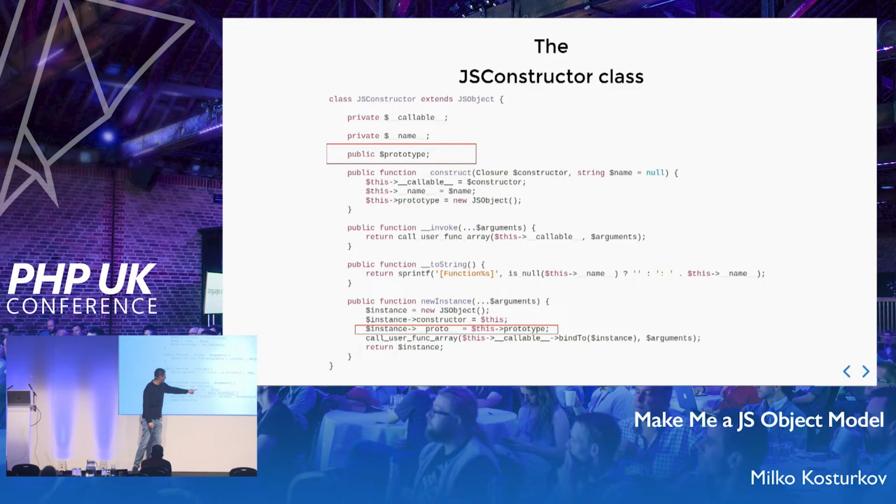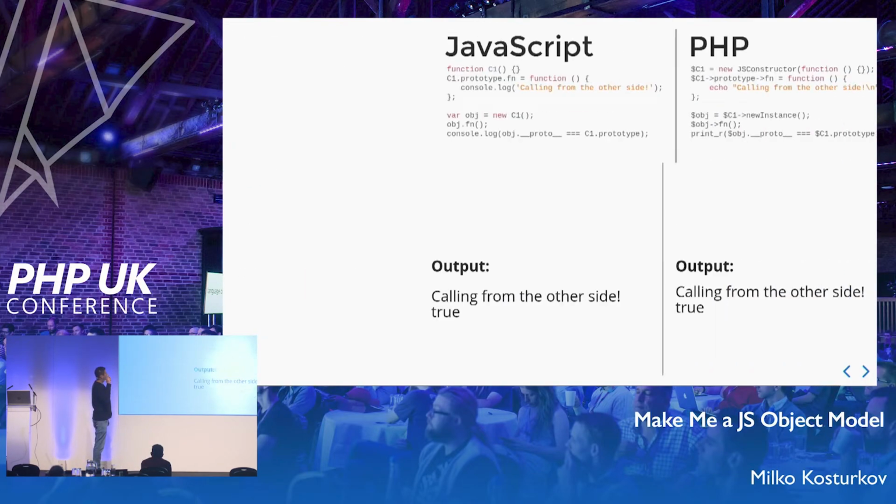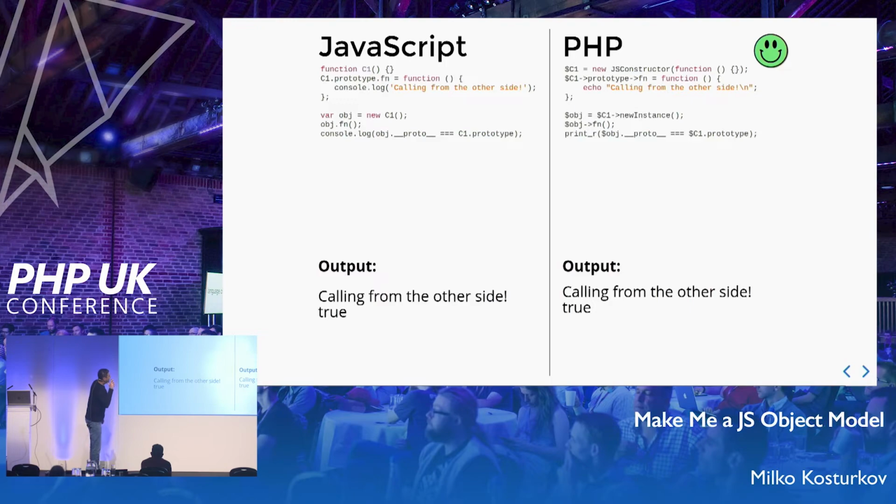We're going to set the constructor to this, and we're going to now set the proto property of the new instance to this prototype. Then we're going to continue the usual way. We're going to call the function. We're going to return the instance. And now it works. And pretty much that's it.